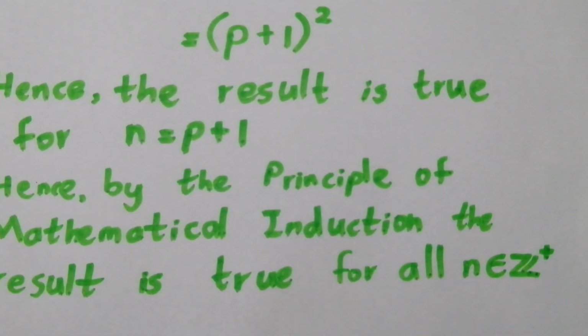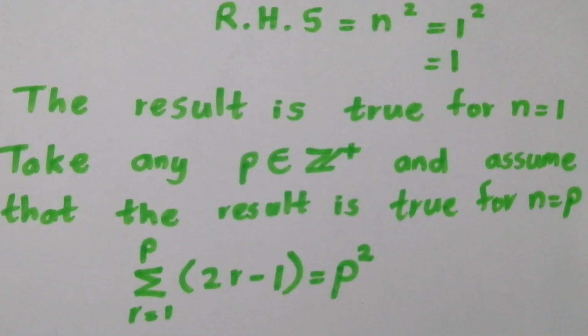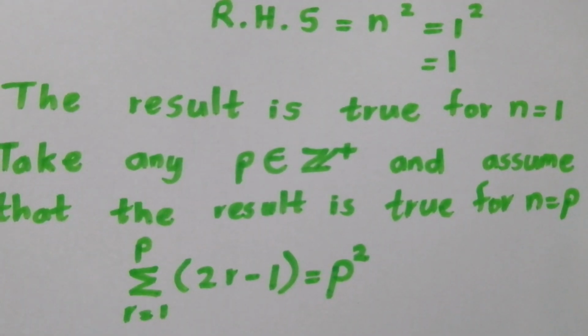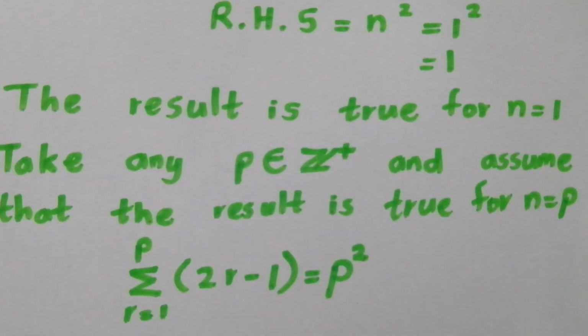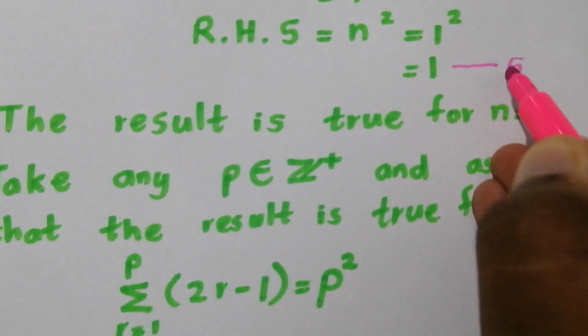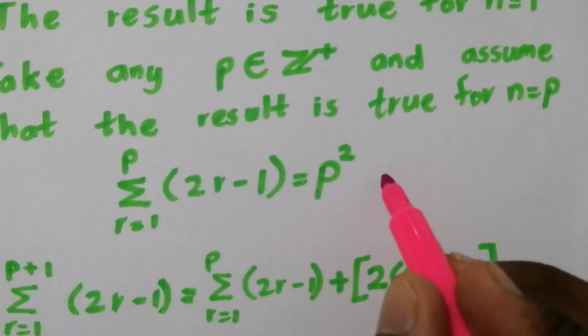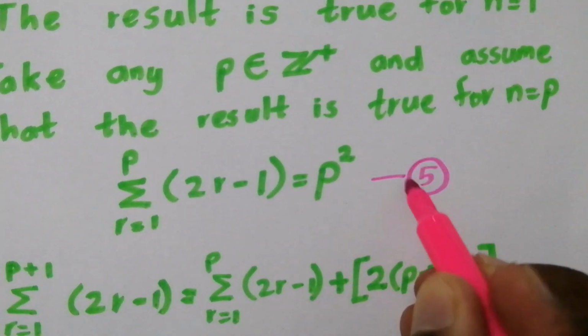Okay, this is the way of doing and writing a mathematical induction type question. Then let's see how you will get marks for this type of question. For the first part, proving that the result is true for n equal 1, you will get 5 marks, and I am writing the marks also. Then for the assumption part, you will get another 5 marks.